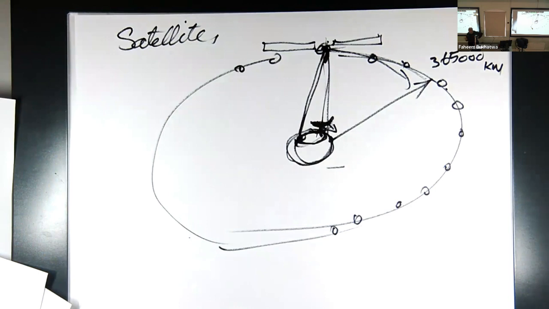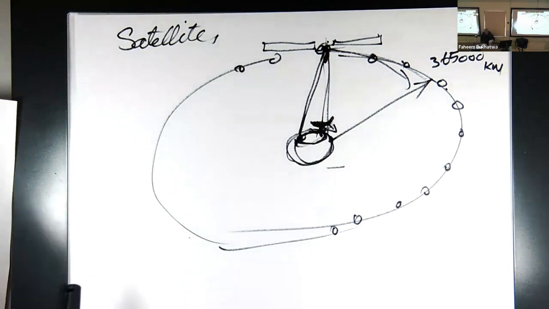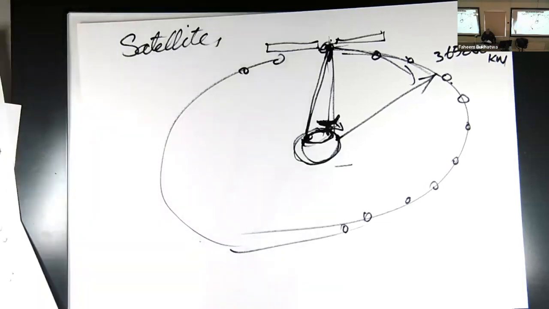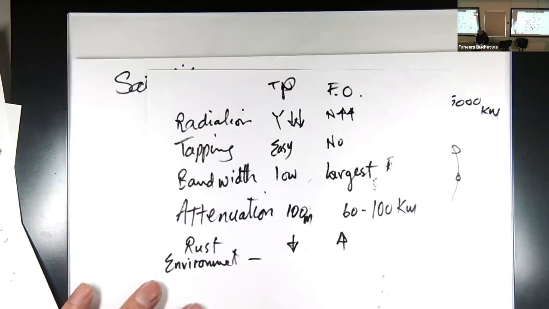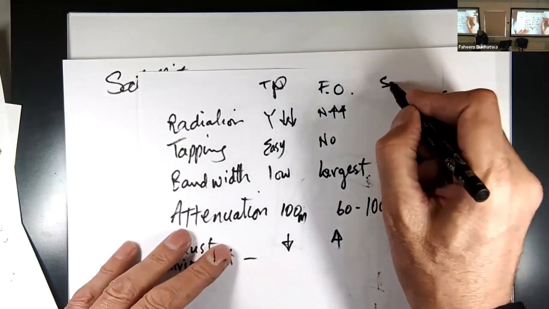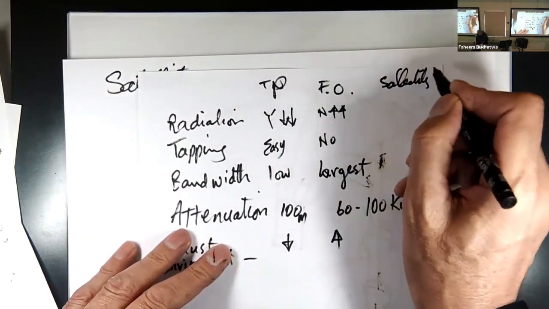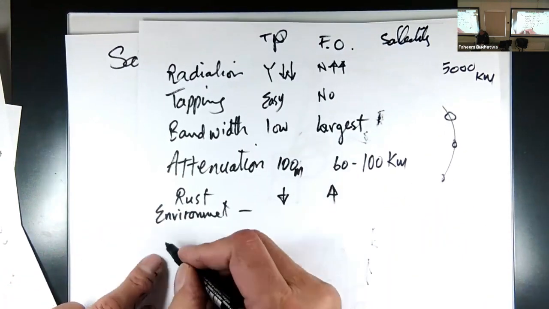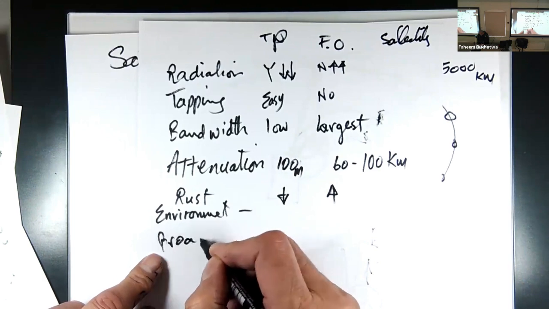So this is another question when selecting the medium: which one would be suitable? We talked about twisted pair, and we talked about fiber optic. Now we also mentioned satellites. Satellites are more suited if you have broadcasting. So are you going for broadcast?